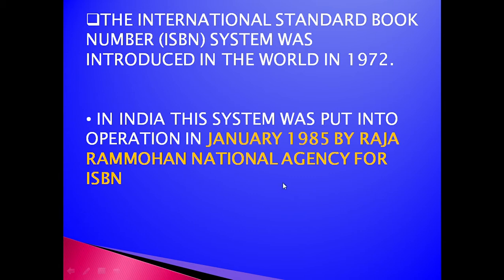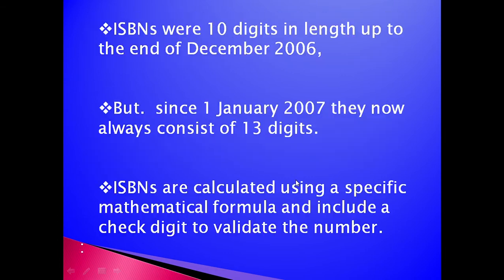Each country has one agency, which is nothing but a company. And this ISBN was 10 digits up to December 2006. When you see books from before 2006, they have only 10 digits. After January 1st, 2007, it consists of 13 digits. So now we are following 13 digits.